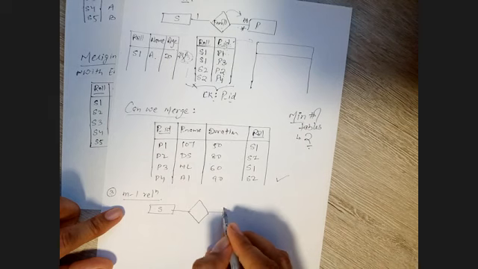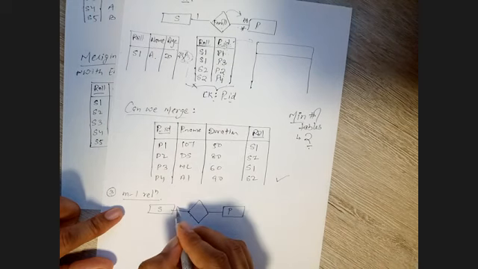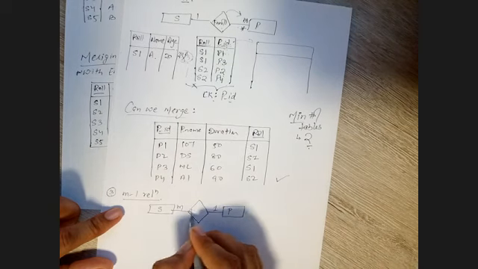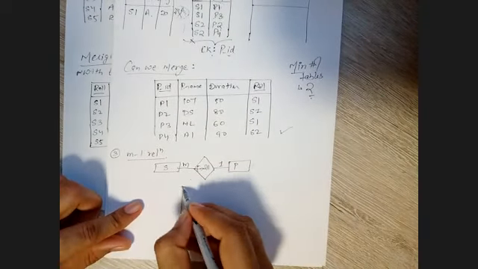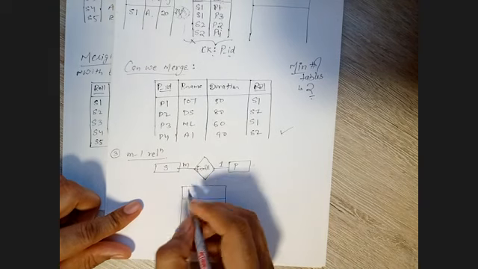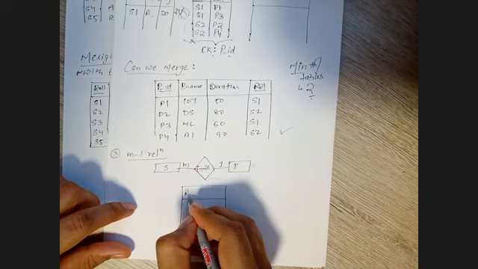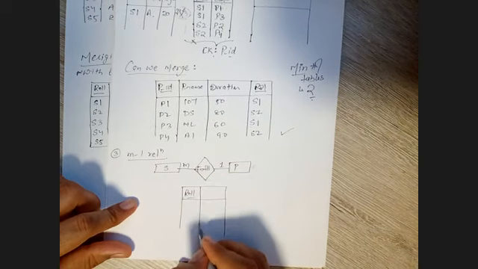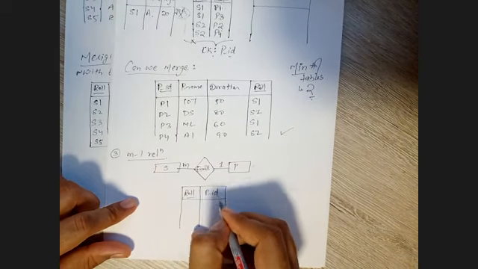So let's say many to one. Let's form this table first. We have the roll number and project ID.